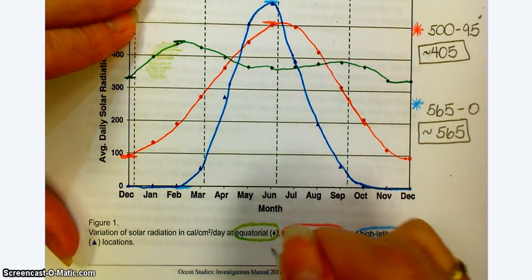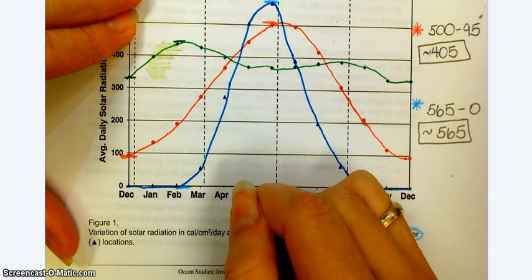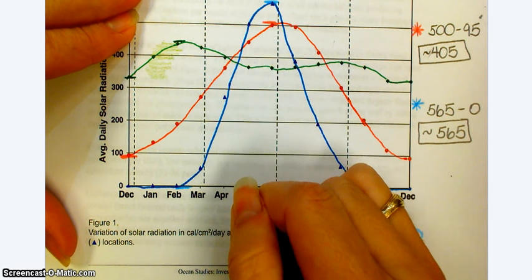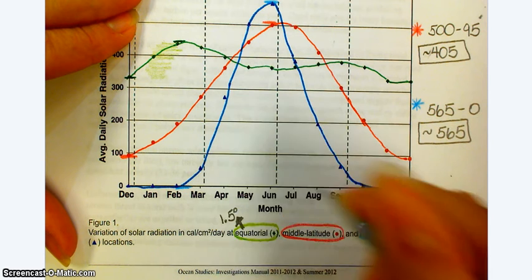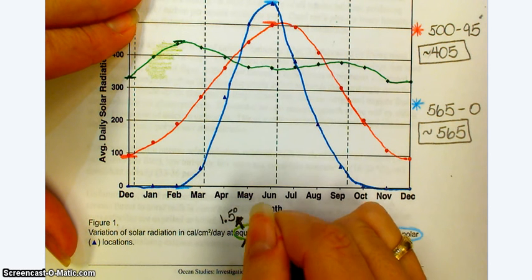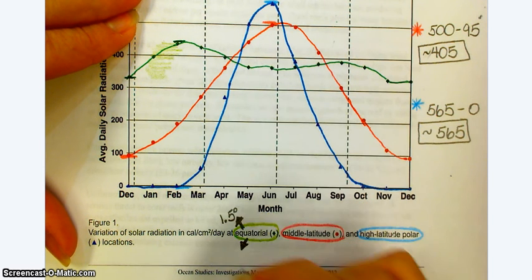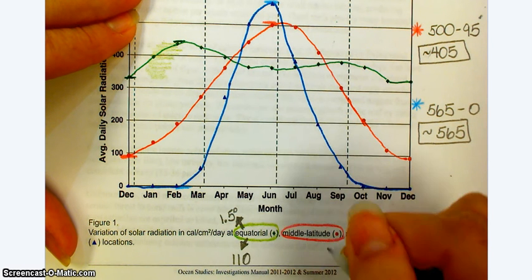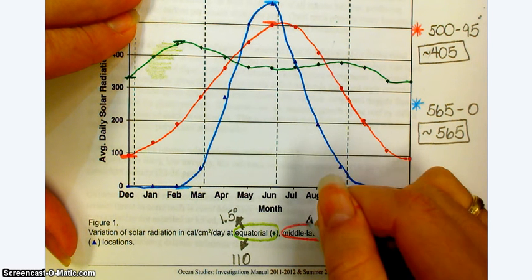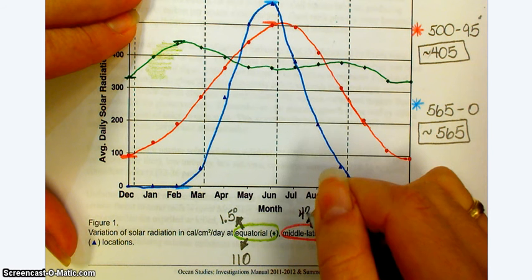At the equatorial location, our latitude at Singapore was just 1.5 degrees. And our variation that we just calculated, the range up here, was 110. Okay. At our middle latitude location, that was 43.5 degrees.